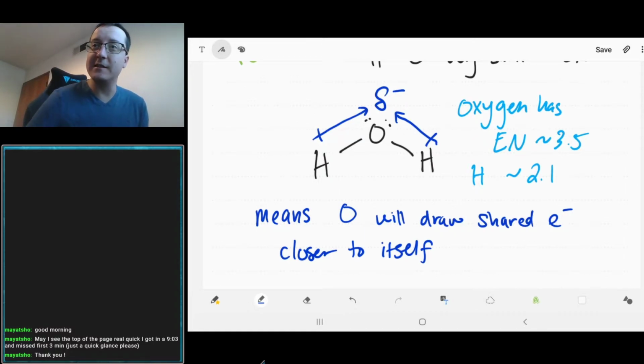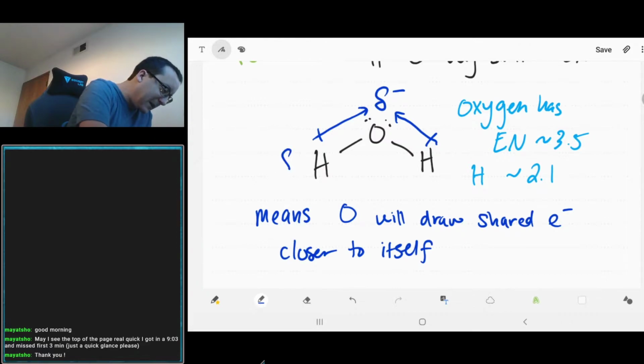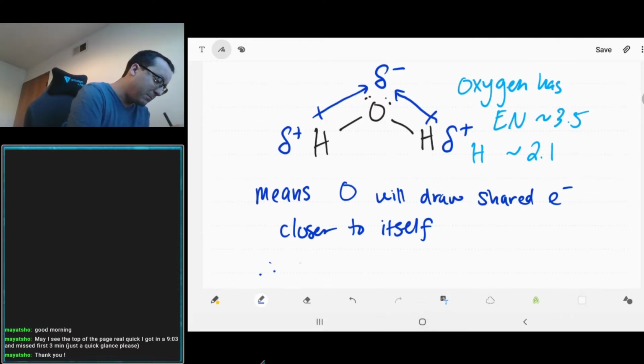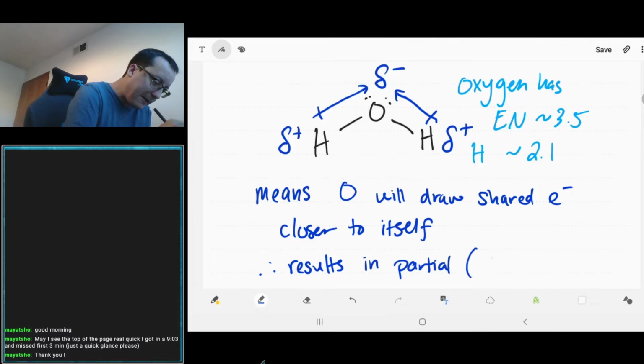And as a result, because these hydrogens are going to lose the electrons a little bit, those will be a little bit positive. And so these are going to result in partial charges.